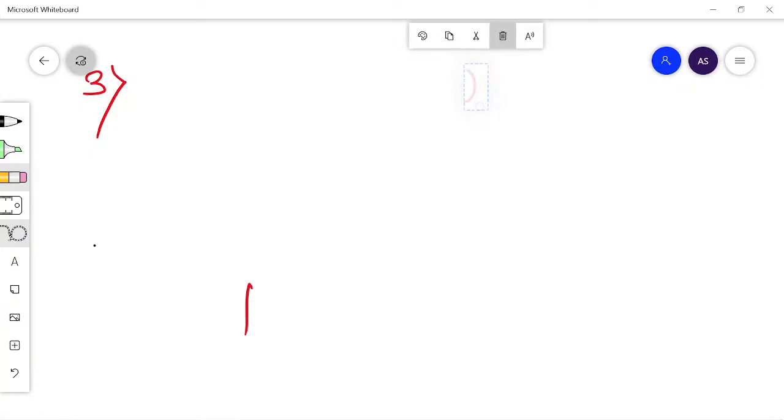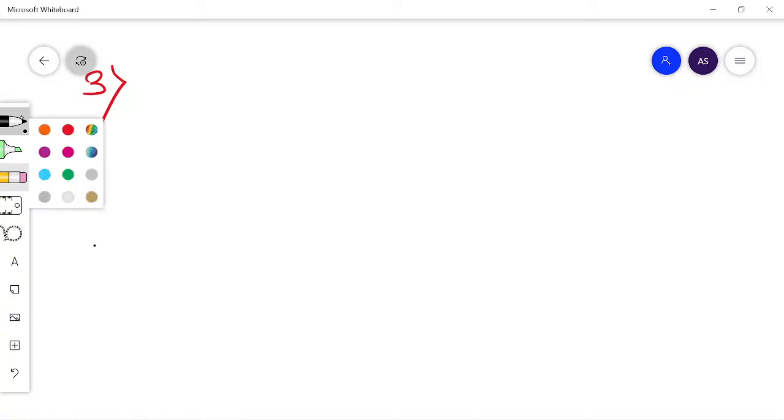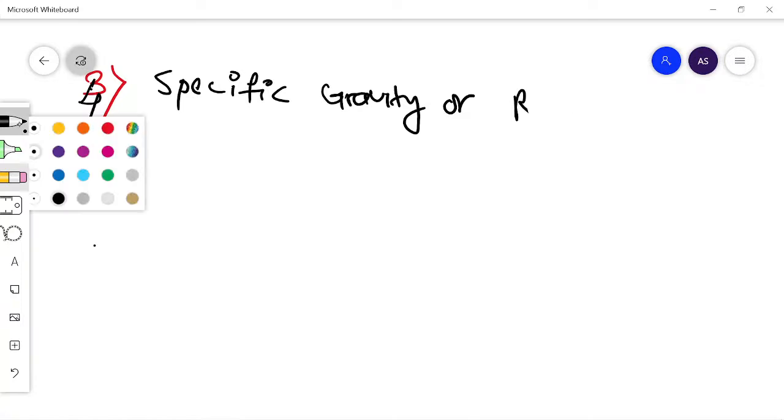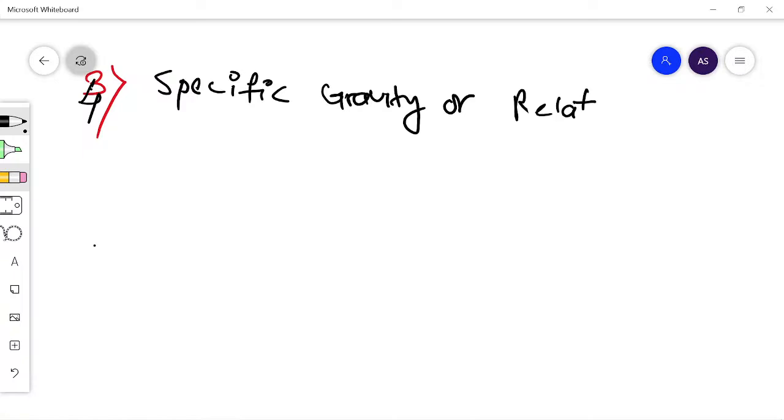The fourth quantity is specific gravity, same thing, or relative density.